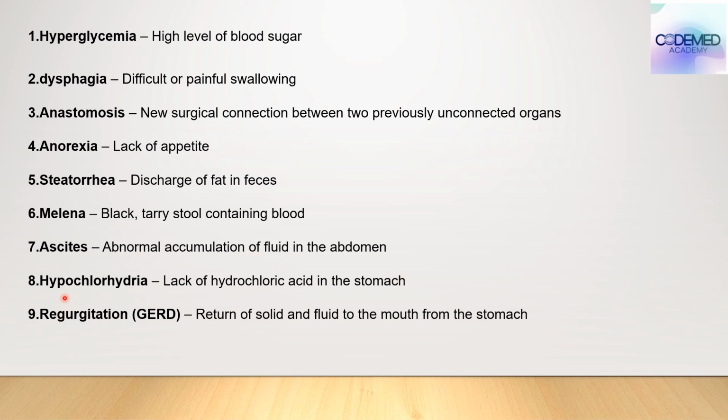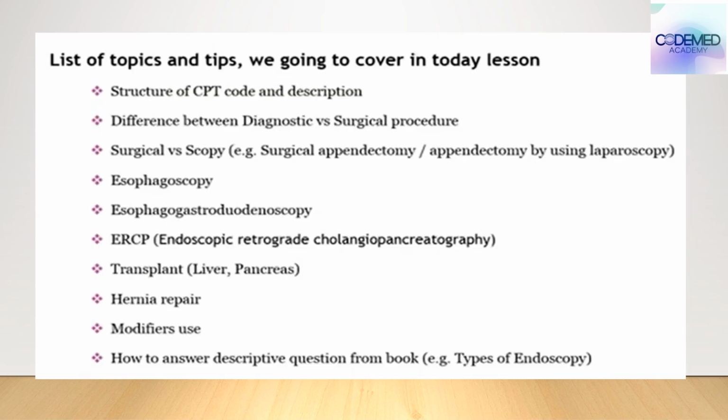Then hypochlorhydria is a lack of hydrochloric acid in the stomach, and regurgitation, which is seen in GERD, is the return of solid and fluid to the mouth from the stomach. So these are very, very important terminology. So we have seen some important terminology.